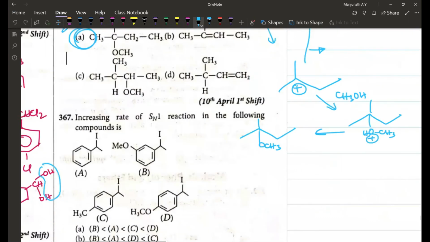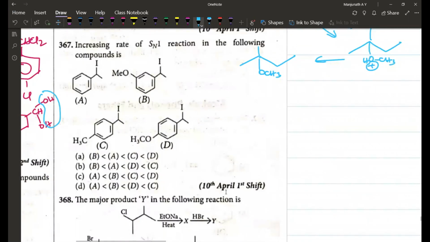Let's move ahead. Increasing rate of SN1 reaction in the following compounds. Same type of reaction. Instead of Cl, I think they have given I here. Most stable carbocation is formed over here in case of D. So first, correct? Then this one, because of hyperconjugation of CH3. Then this one.